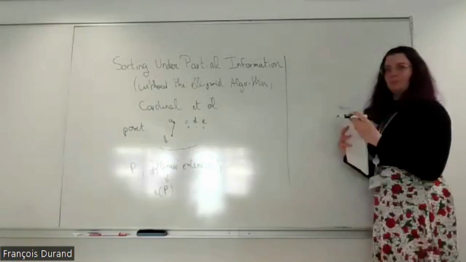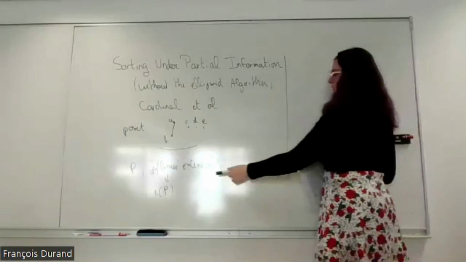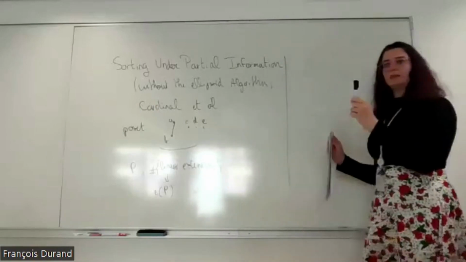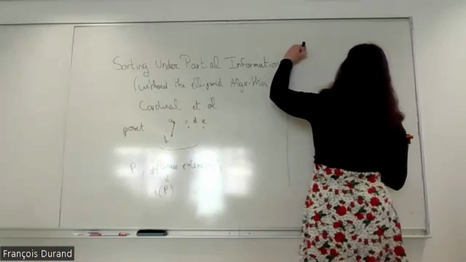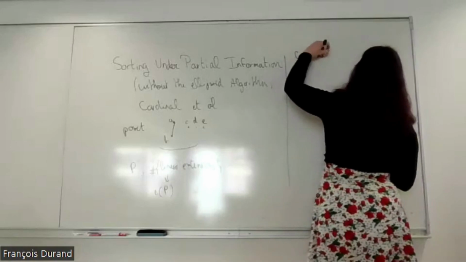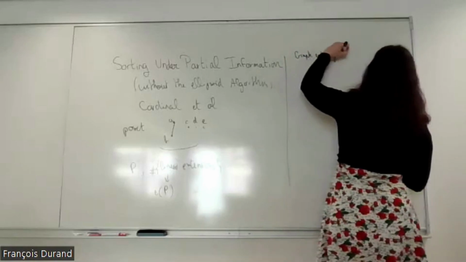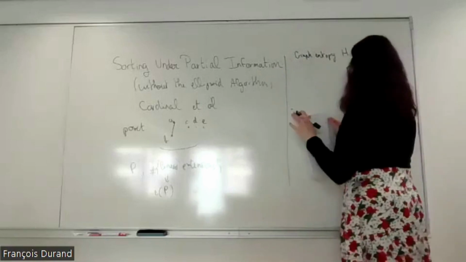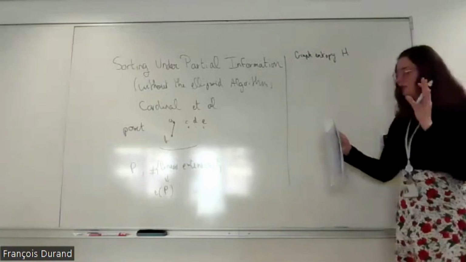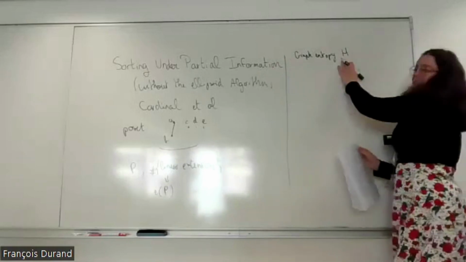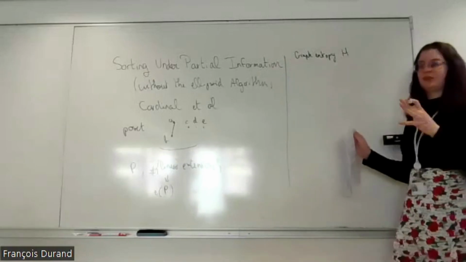So E of P is the number of linear extensions compatible with the partial order. Okay, so graph entropy H. I need to introduce other things before giving you the definition of H.